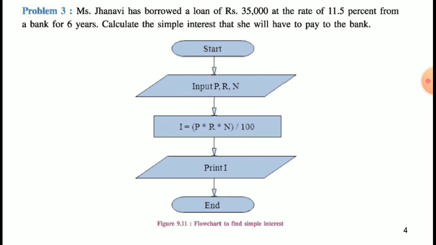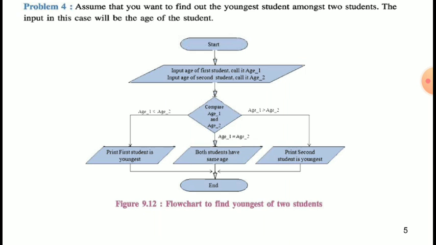Next, problem number 4. Assume that you want to find out the youngest student among two students. The input in this case will be the age of the student. So that is a flowchart to find the youngest of two students.